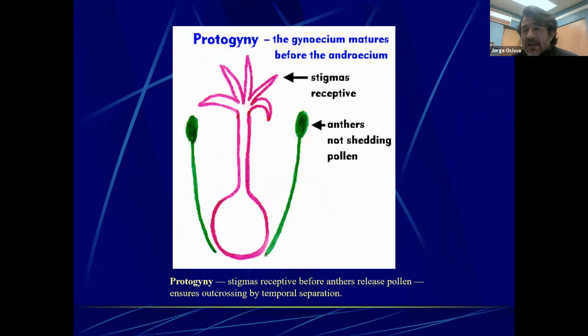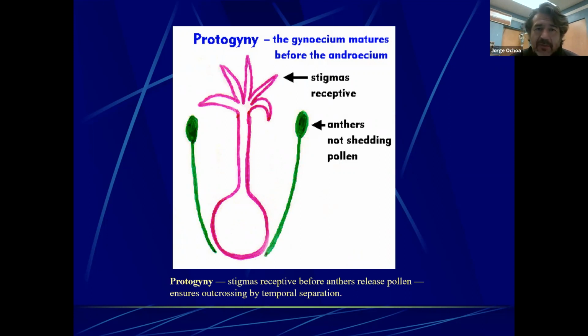And so plants had to figure out ways of preventing the same pollen, or the pollen from the same flower, from going into the stigma, because that's what's going to bring the inbreeding. And so many flowers opt for maturing their sexual organs at different stages.